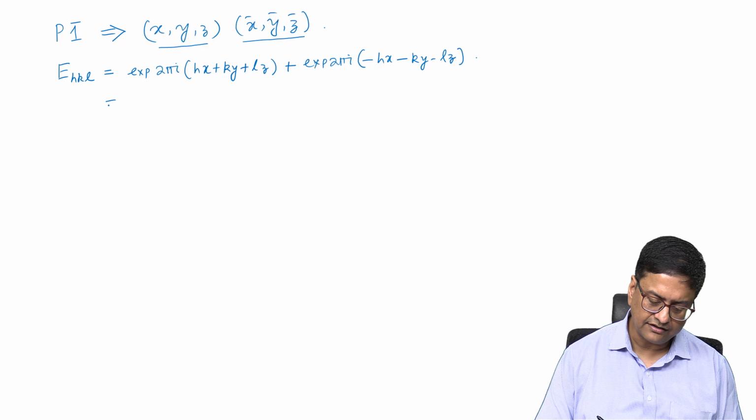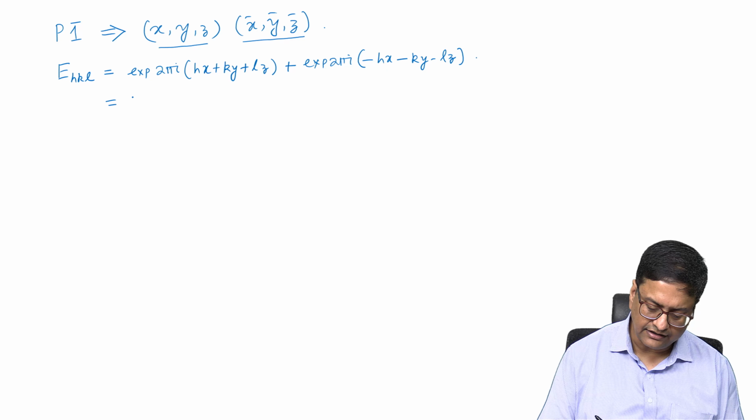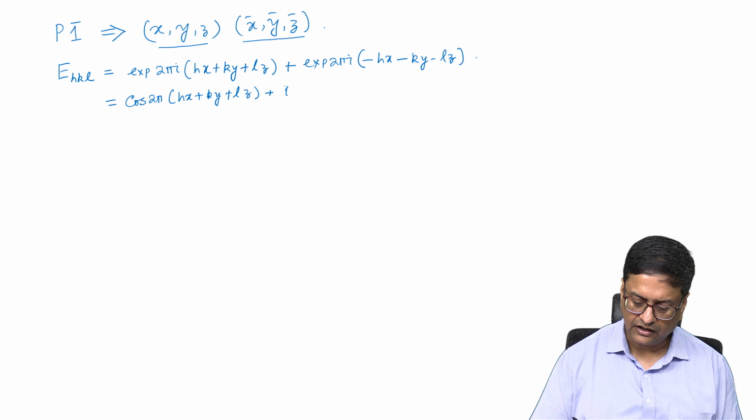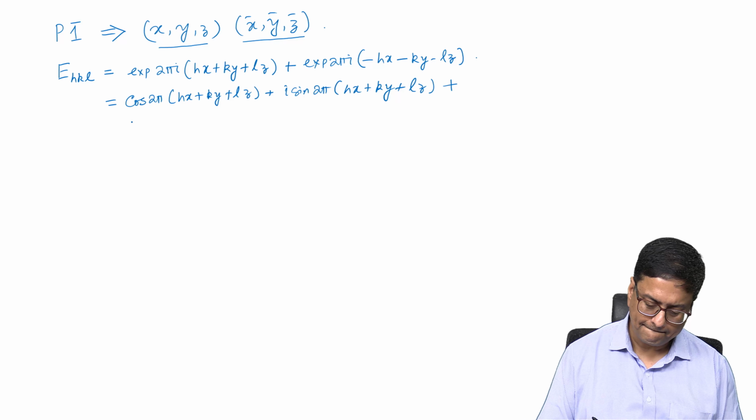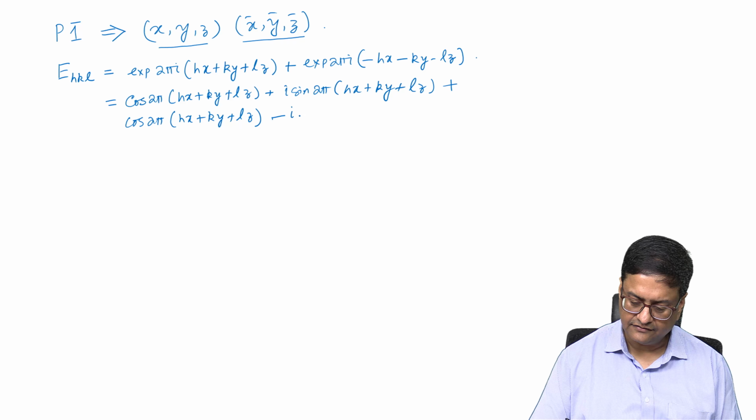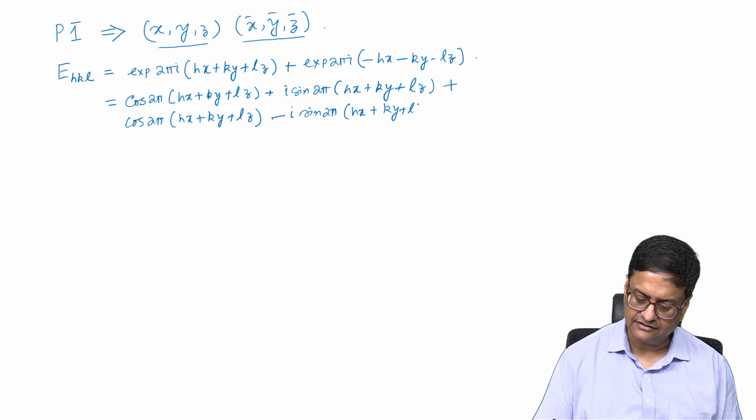So, if we now break these exponential factors into cos and sine functions, you can write it as cos 2 pi (Hx plus Ky plus Lz) plus i sin 2 pi (Hx plus Ky plus Lz) plus, for the second term, cos 2 pi (Hx plus Ky plus Lz) minus i sin 2 pi (Hx plus Ky plus Lz).